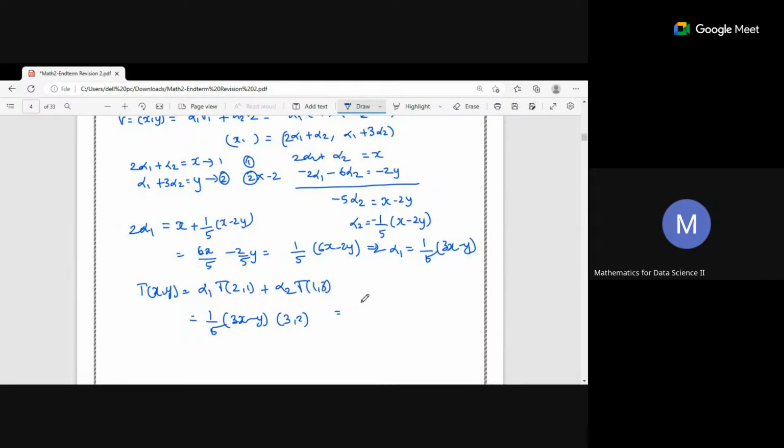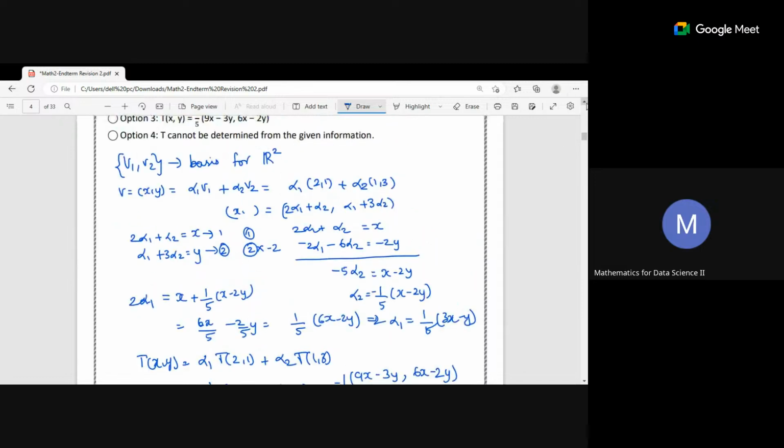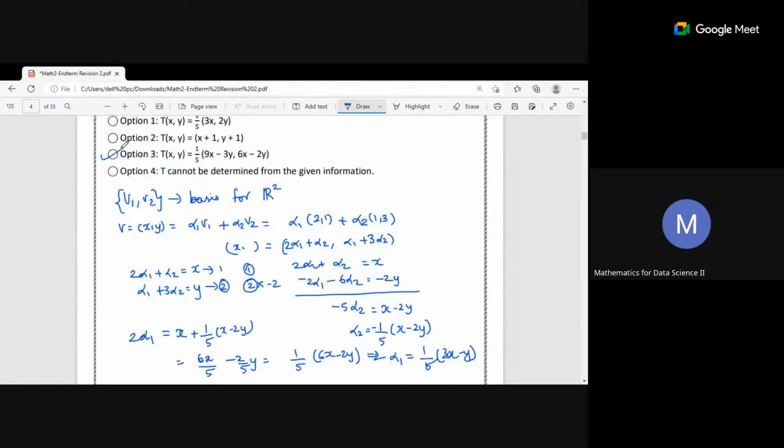So you have 9x minus 3y, comma 6x minus 2y, 1 by 5 times of this. So is there any option coinciding with this? 9x minus 3y, 6x minus 2y. So option 3.